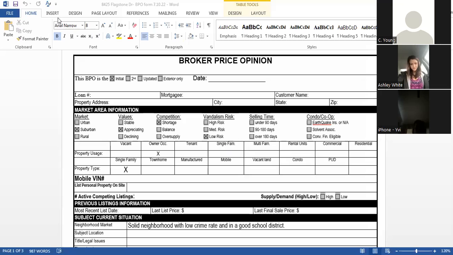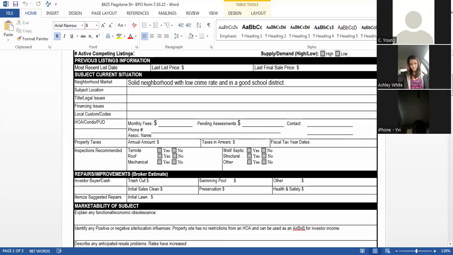Move this over here. And you'll see here, they're asking for a couple quick questions. So subject, current situation, neighborhood market: solid neighborhood, low crime rate, and a good school district. I didn't put anything on the location here, but if it's in a suburban location, it may have something funky, or if it's a planned urban development, in other words, a cookie cutter neighborhood.